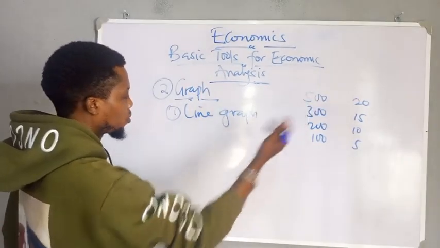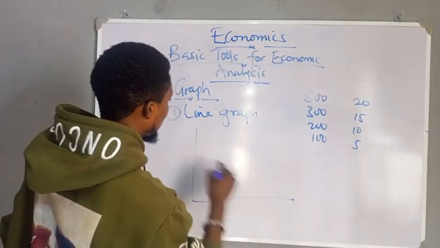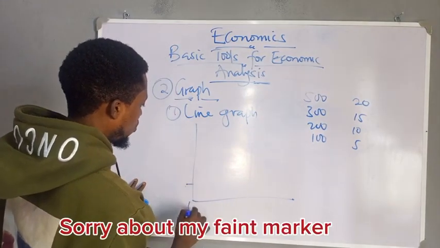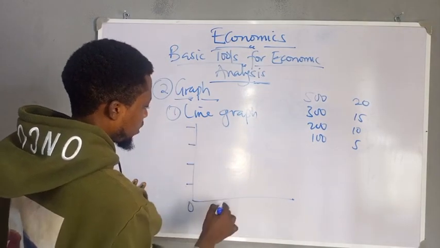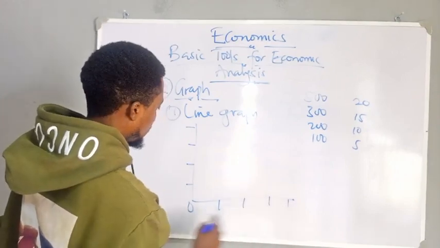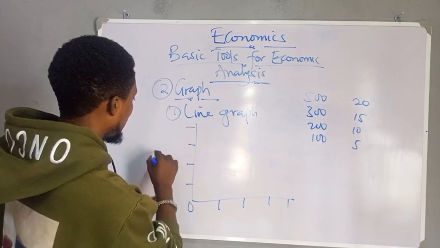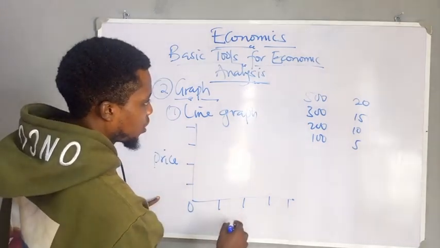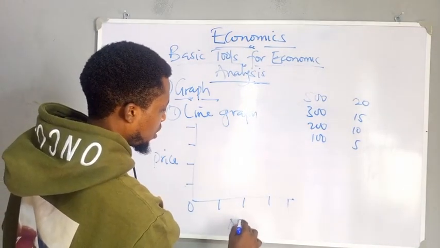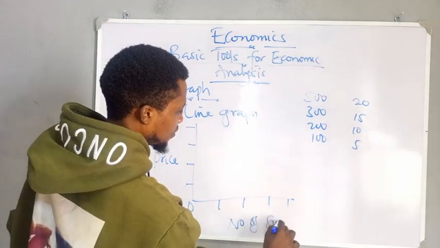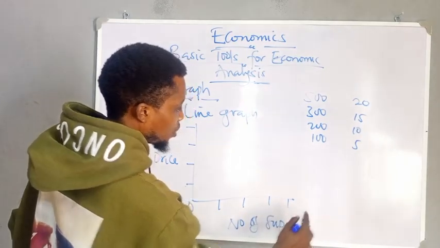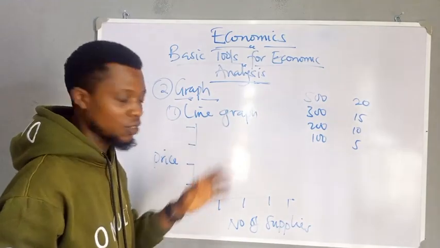Now, if we want to plot this, let's have something like this. This is the origin. Here we have the price, and here we have number of supplies. We're just trying to analyze what a line graph is all about.